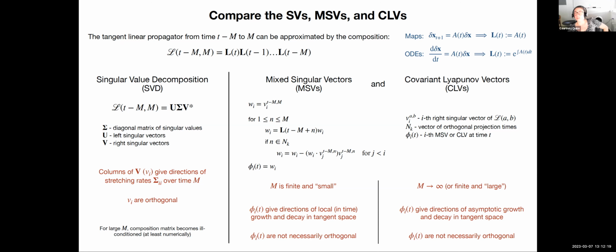But if you're using the singular vectors that already exist, and you're using the algorithm, for instance, provided by Mary that does this kind of projection, I guess there would be a cost to the empirical method as well.